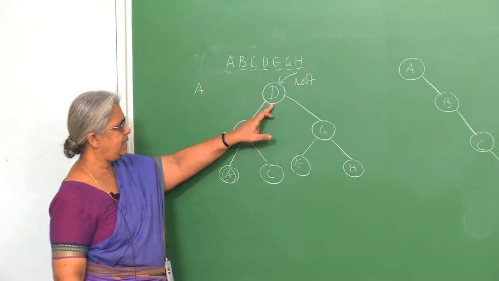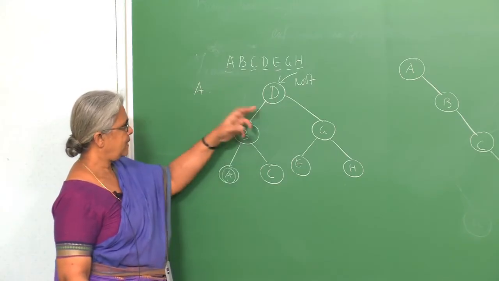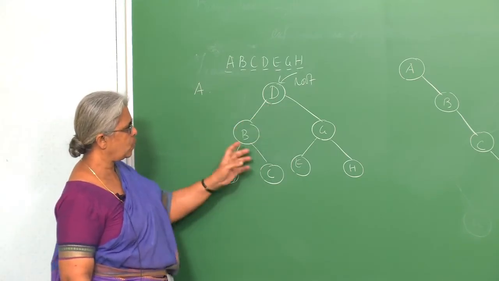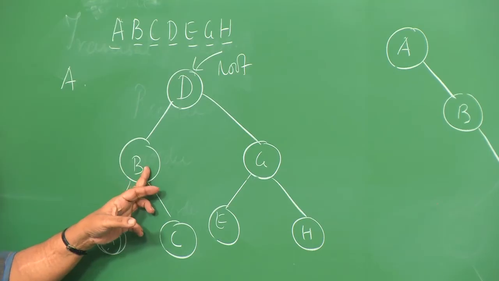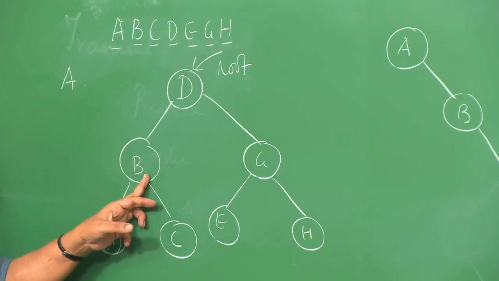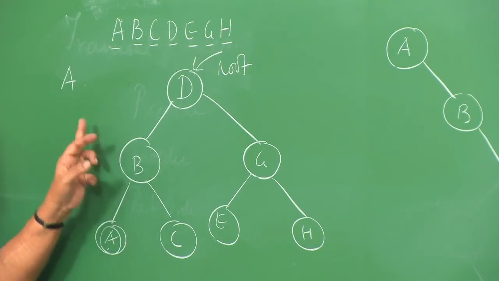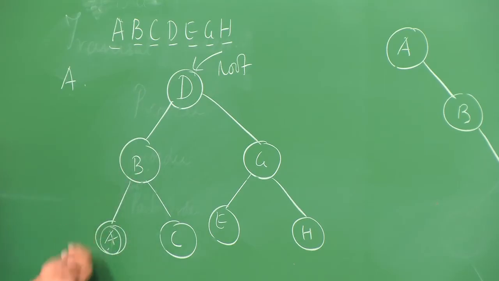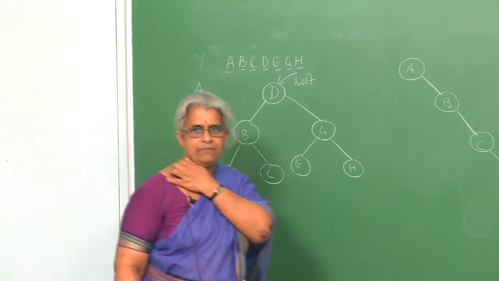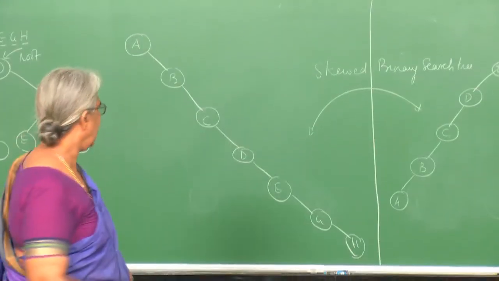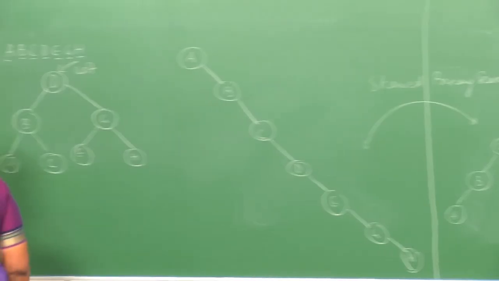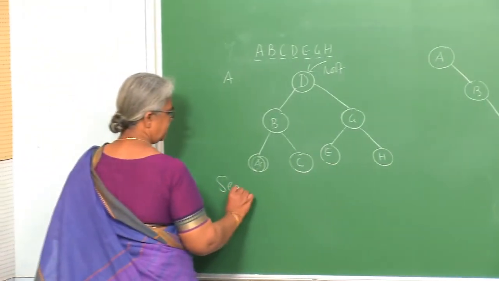I compare A with D, it does not match, but A is less than D. So, go down the left subtree, compare with B. A and B again do not match, but A is less than B. Therefore, I go down its left subtree and I find this particular node, and I can retrieve all the information corresponding to the given node. This is about searching, the operation of search.